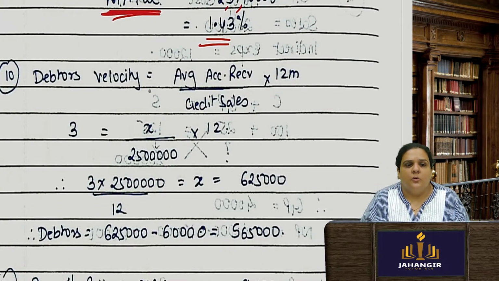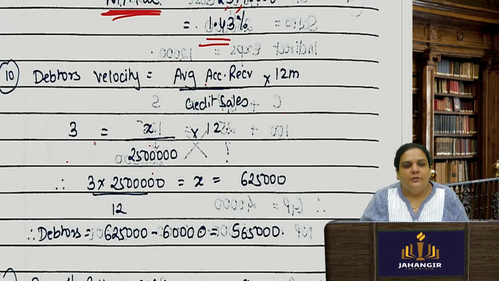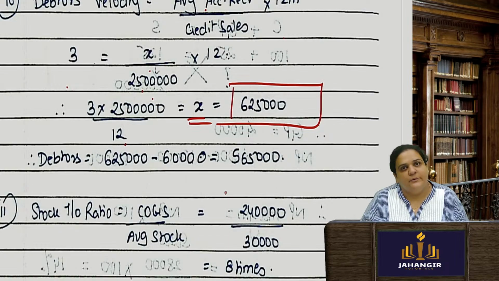So debtors velocity is 3. I don't know this average accounts receivable. Credit sales is given to me 25 lakhs and I can take months, so it is 12 months. So 3 into 25 lakhs divided by 12 will be X. So I'll get average accounts receivable is 6,25,000.